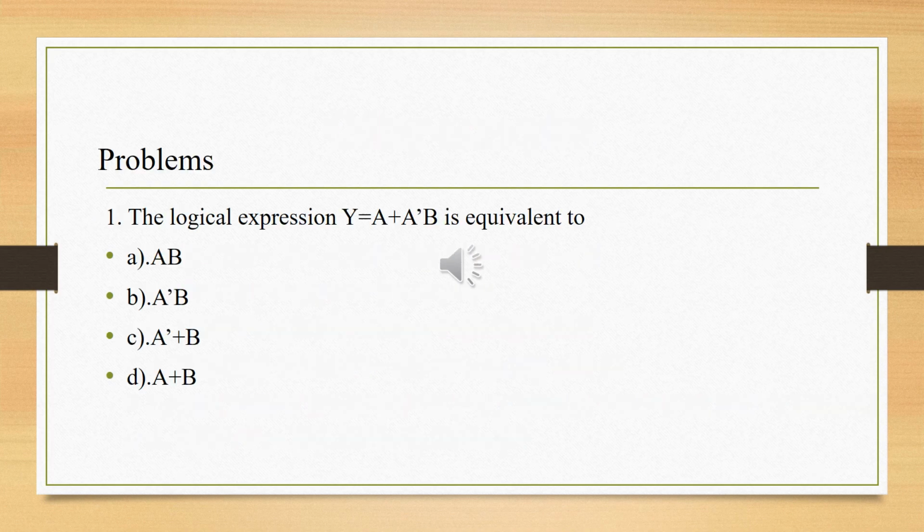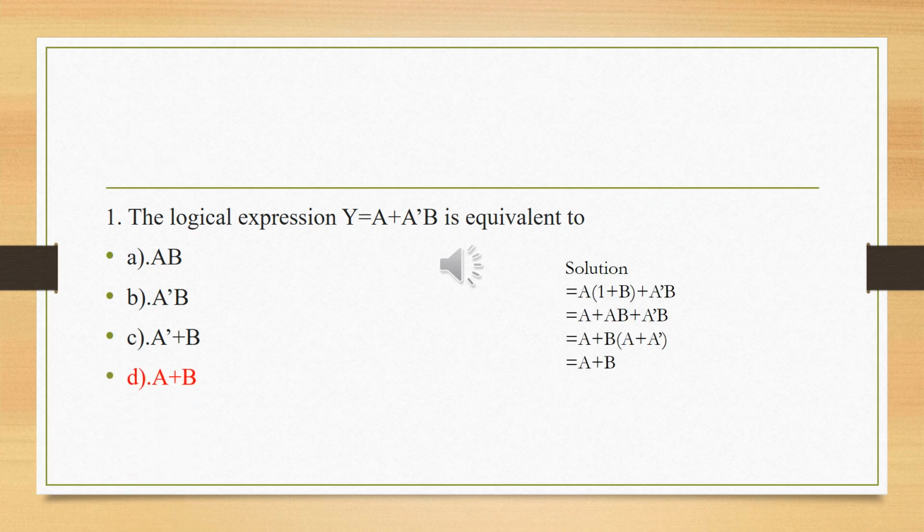So the next question: the logical expression y is equal to a plus a bar b is equivalent to what? So the solution for this question: first, a plus a bar b.